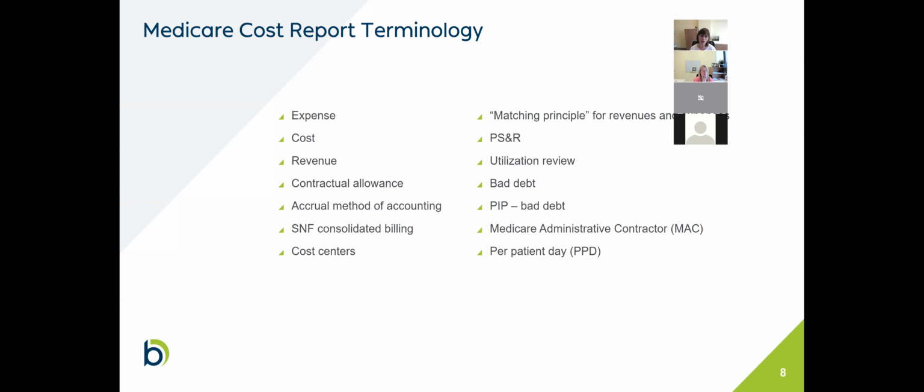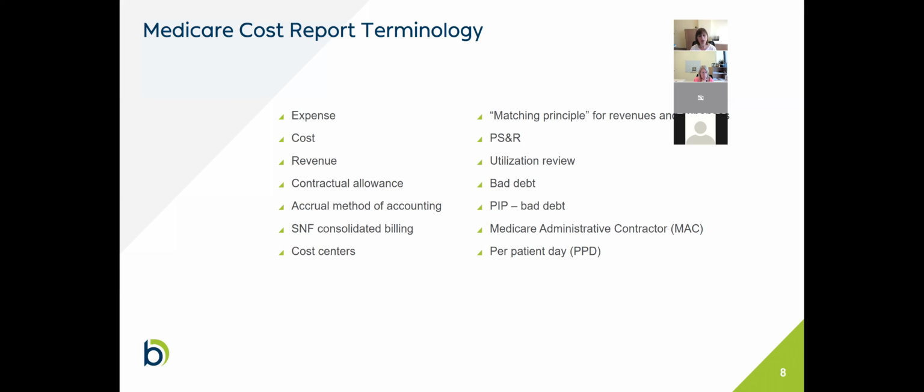But what you actually get paid for particular resident care may be more than that. It may be $350 that Medicare pays you, or it may be lower than that if you have commercial insurance contracts. So any difference between your standard rate that you would normally charge and what you actually get reimbursed by an insurance carrier is your contractual allowance.